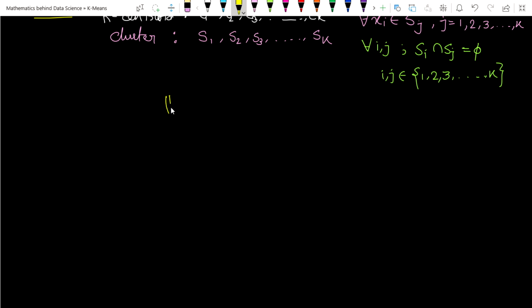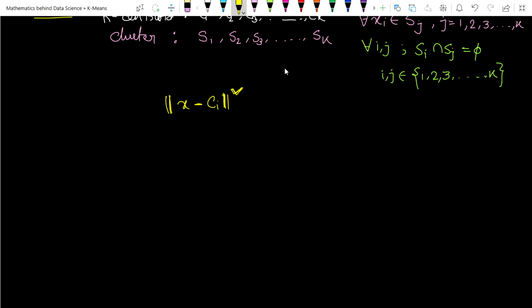Suppose we consider any point x in our data set, and now we have to find the distance from each cluster, meaning from a centroid. Let's take any centroid C. This is the norm distance that I have taken here, and we have to find its squared distance, since I'm talking about the Euclidean distance.